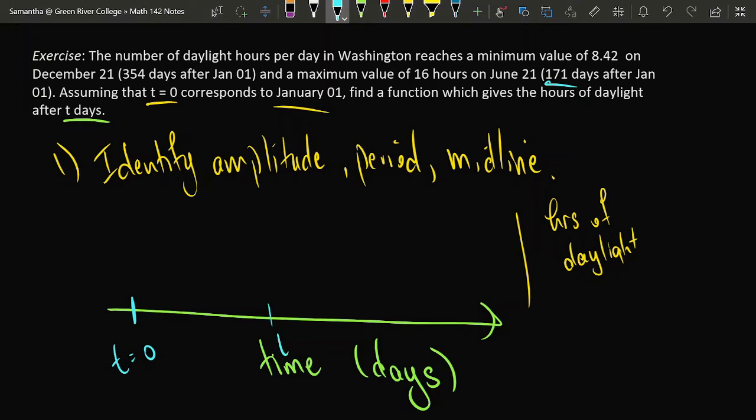So at t equals 171, the number of hours of daylight has reached its maximum around 16. And if I look 354 days after the start of the year, t equals 354, at this point the number of hours of daylight has reached its minimum down here at a minimum value of 8.42. So let's have a look at this wave pattern.